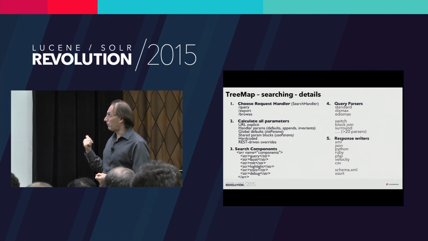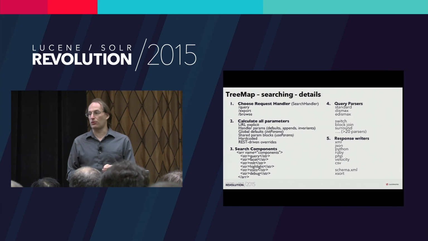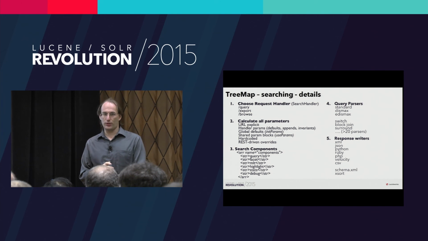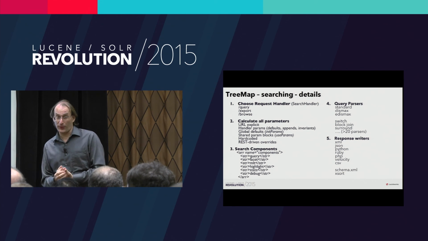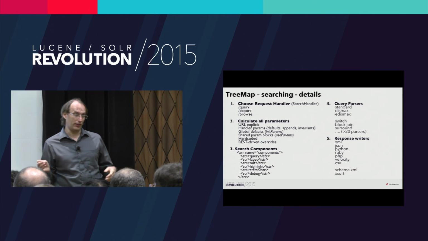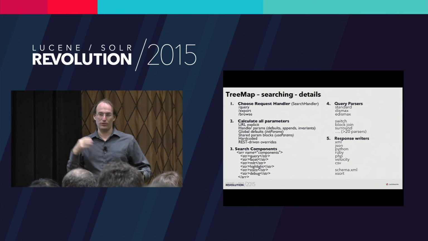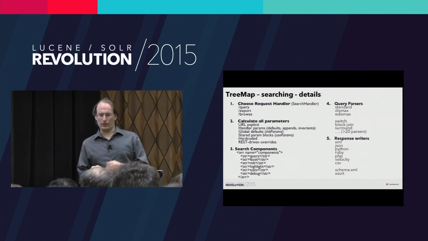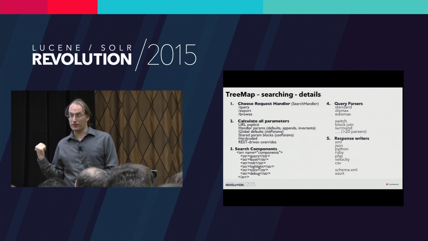Okay? Then when the actual search is happening, you've got the query parsers. And everybody knows about EDisMax. If somebody doesn't know about EDisMax, we are failing at our job of explaining Solr. But did you know that there are more than 20 of those different parsers? There is all sorts of things, right? And often if you're having a problem with a particular parser and you're trying to make it do something really strange, like prefix search or infix search using the standard parser, there is actually a solution with a different parser that will do it better.